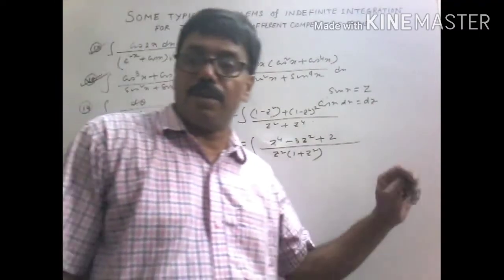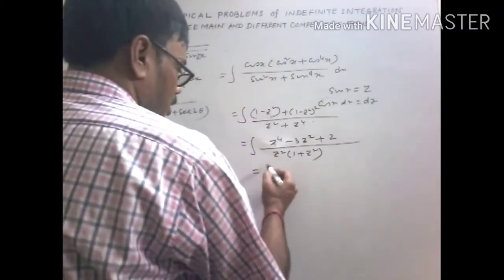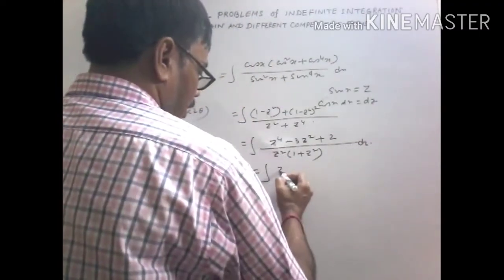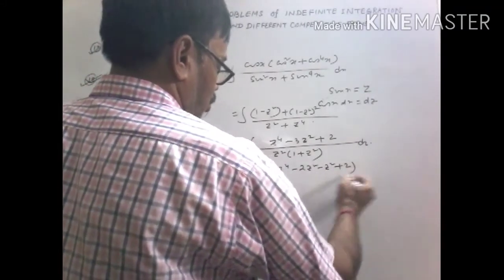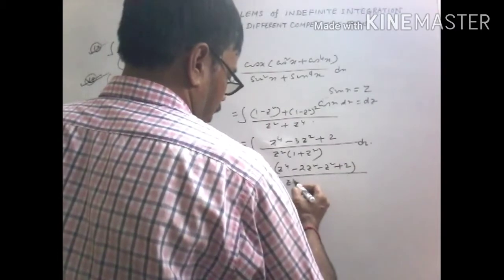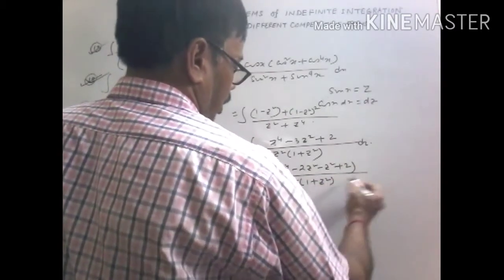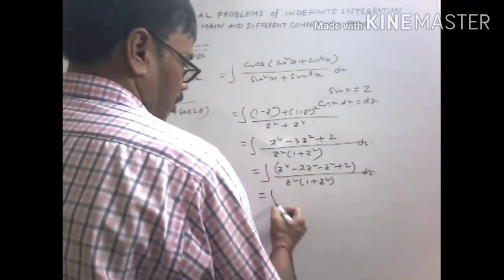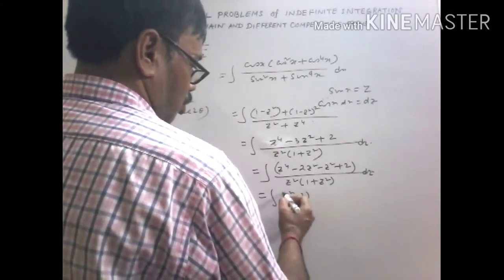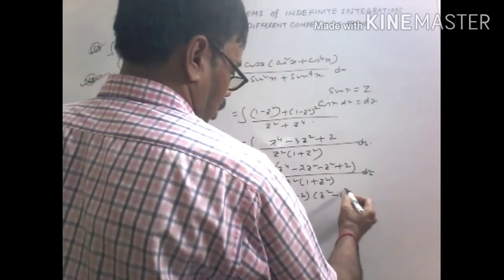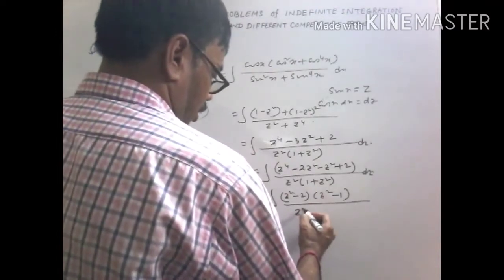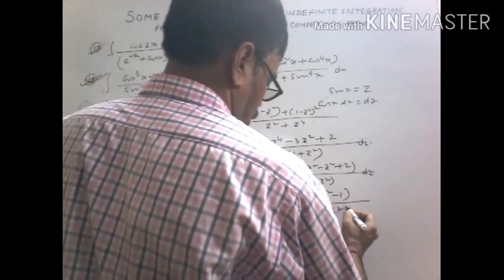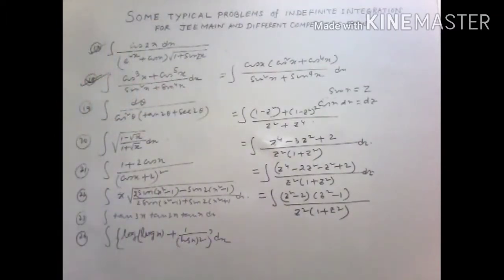Now look whether it is factorizable or not. Yes, it is factorizable. So what is the factor? z to the power 4 minus 2z square minus z square plus 2, by z square into 1 plus z square. Now this one is z square minus 2 and z square minus 1, by z square into 1 plus z square.